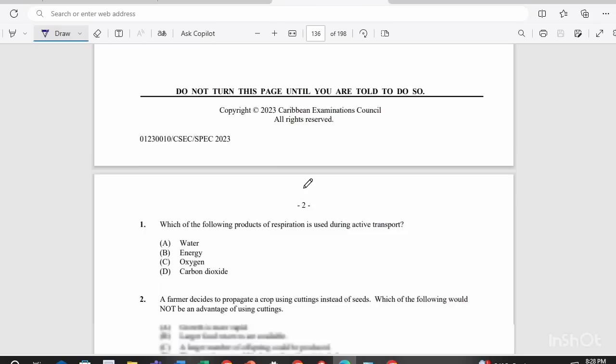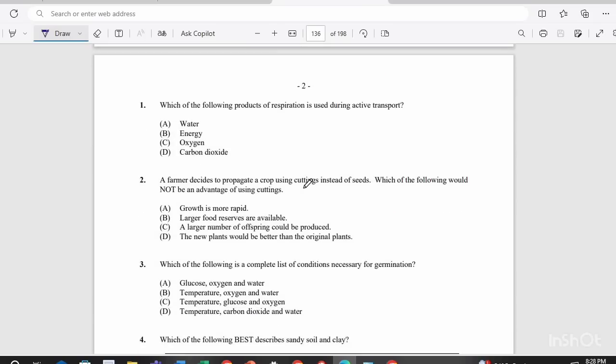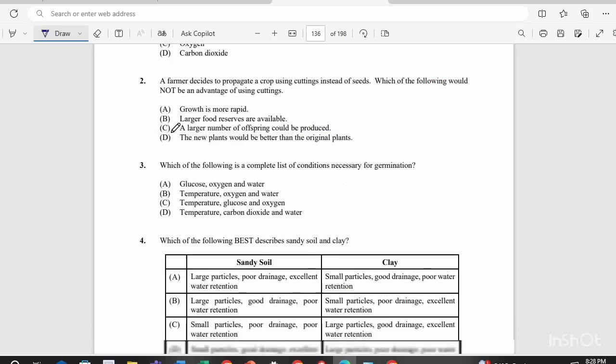All right, question 1. Which of the following products of respiration is used during active transport? Is it A, water, B, energy, C, oxygen, or D, carbon dioxide? The answer there is B, energy. Question 2. A farmer decides to propagate a crop using cuttings instead of seeds.